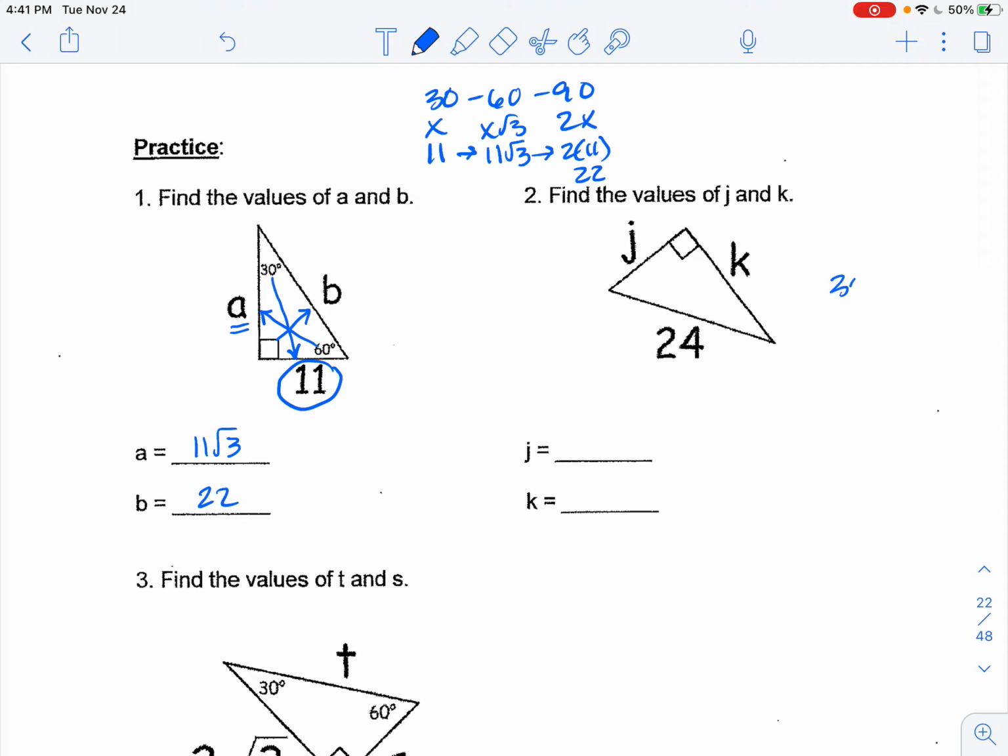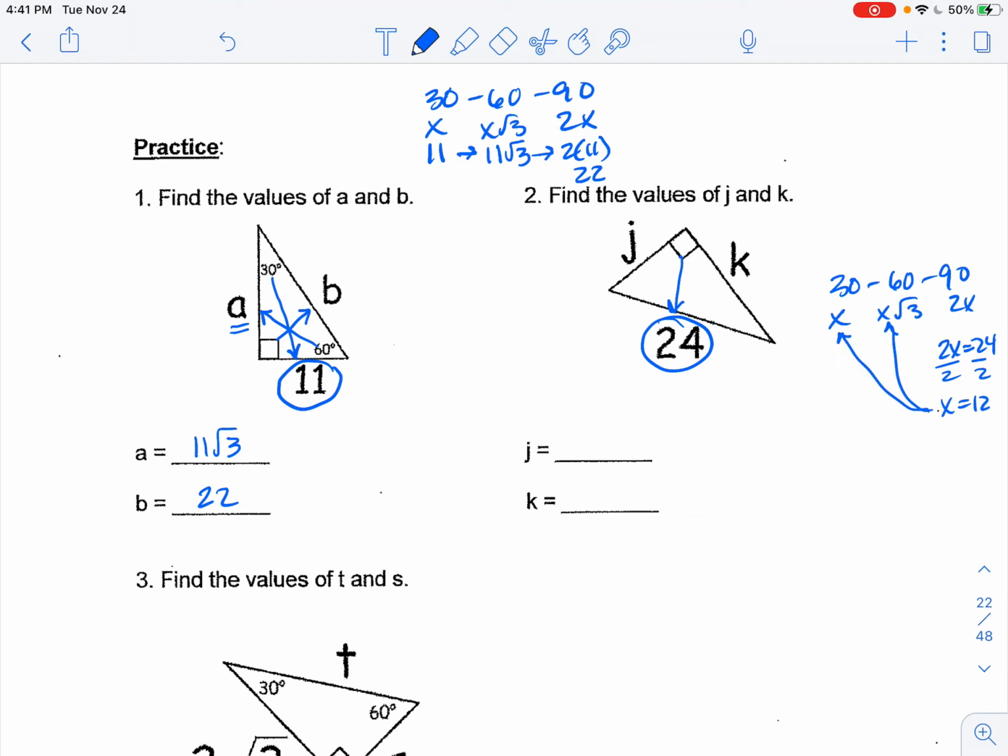Let's try that again with another example. 30, 60, 90, x, x root 3, and 2x. All right, so this time I know the guy across from the 90. So this is the situation I have this time. 2x is equal to 24. Well, if I solve for x, divide both sides by 2, and I get x is 12.